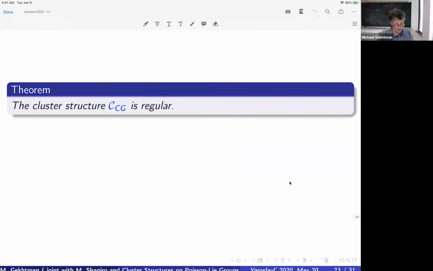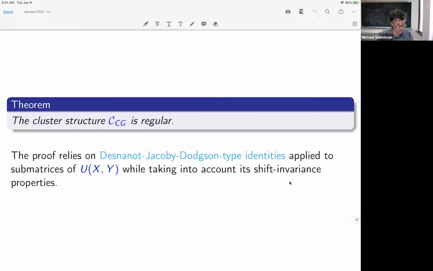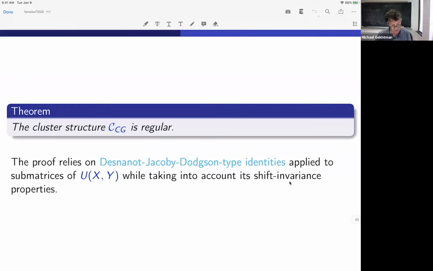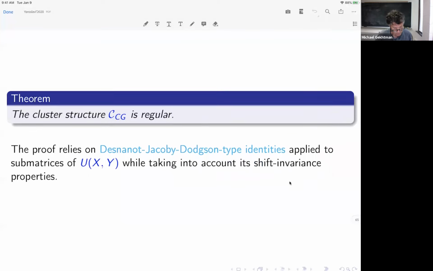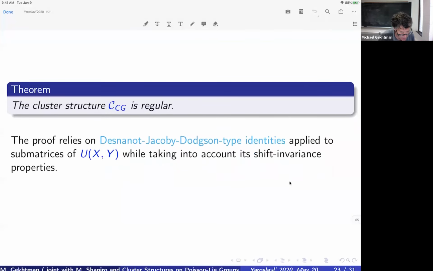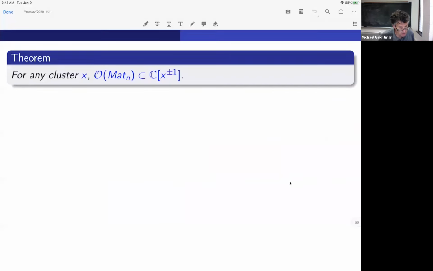So it's regular. And to show it's regular, you have to rely again on these classical determinantal identities, but you apply them to this huge composite matrix. As a result, you can show that for any cluster, you can express every matrix entry as a Laurent polynomial in terms of this cluster.